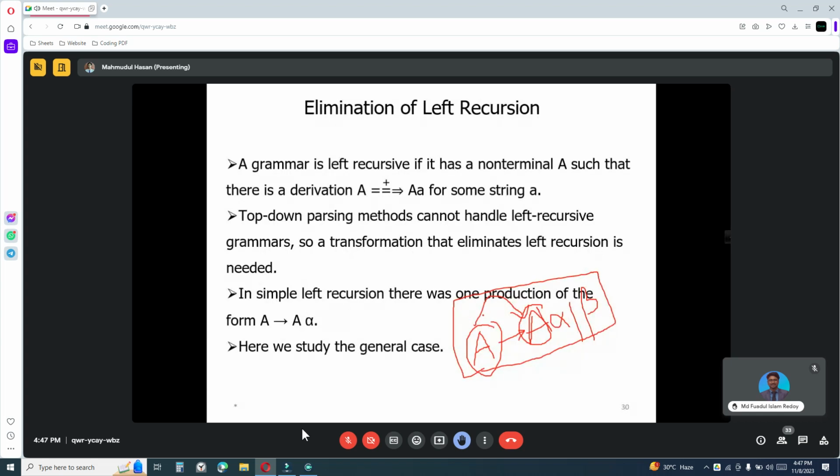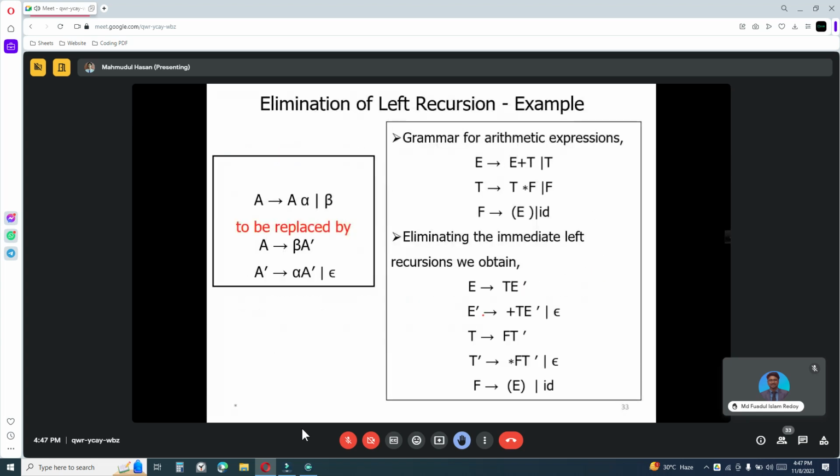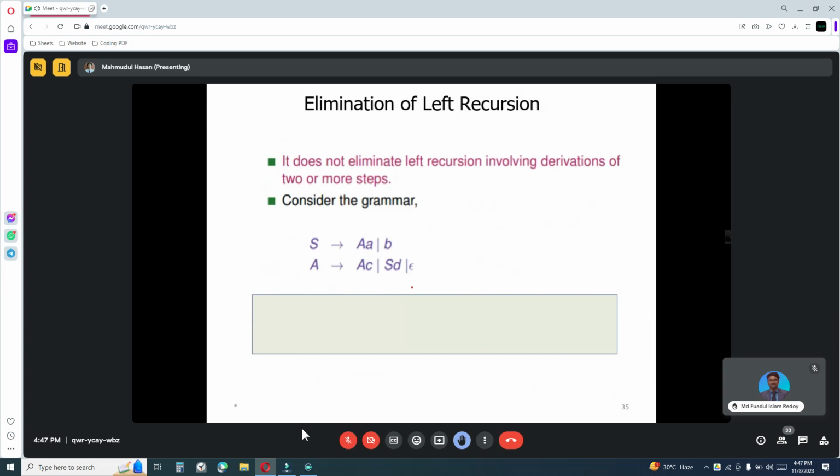But sometimes, look at this one. Suppose your production rule is like this one. Is this one left recursive? No. But this one is left recursive.